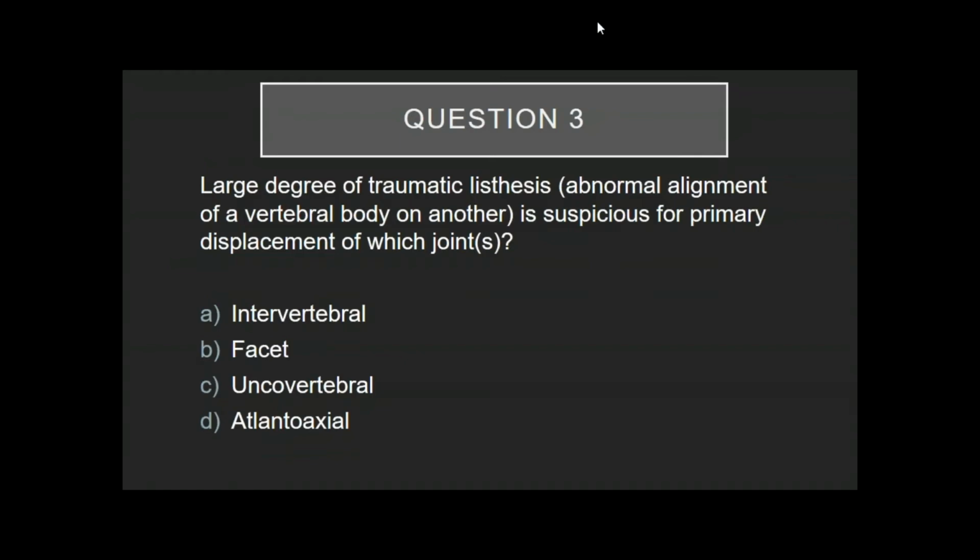Or is it D, atlantoaxial? All right, so big offset of one vertebral body on another. You want to make sure to look at which joints to figure out why that happened.